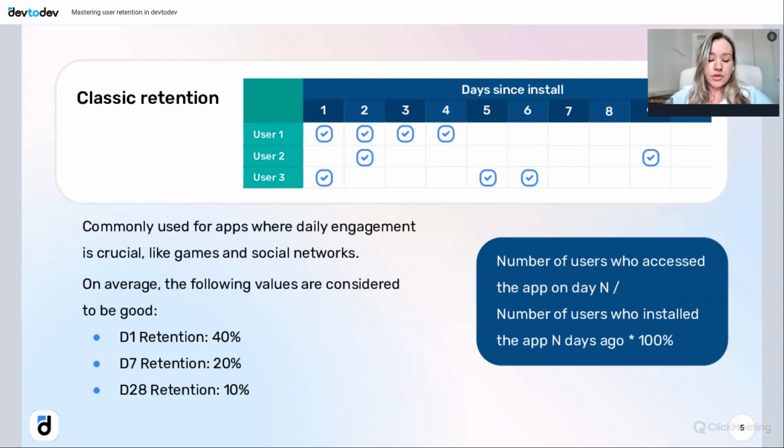Retention is often calculated for 1, 7, 14, and 28 days. However, you can also look at other days, it's up to you. Additionally, we recommend referring to retention benchmarks. For example, on average, a 40% retention rate for day 1 and a 20% retention rate for day 7 is considered good, but it's crucial to consider different gaming genres or types of apps, as retention varies widely from country to country and even from platform to platform.